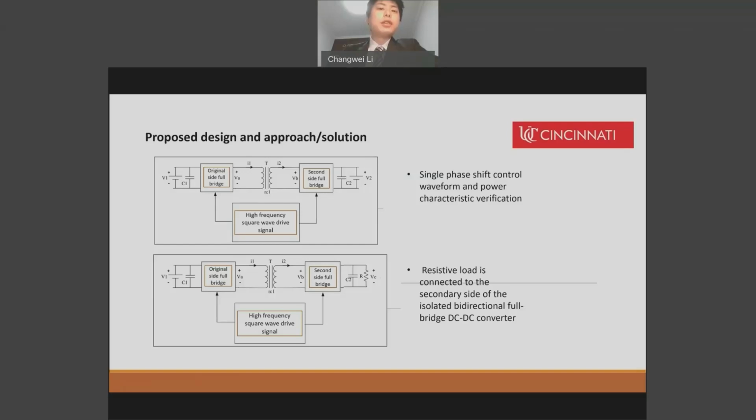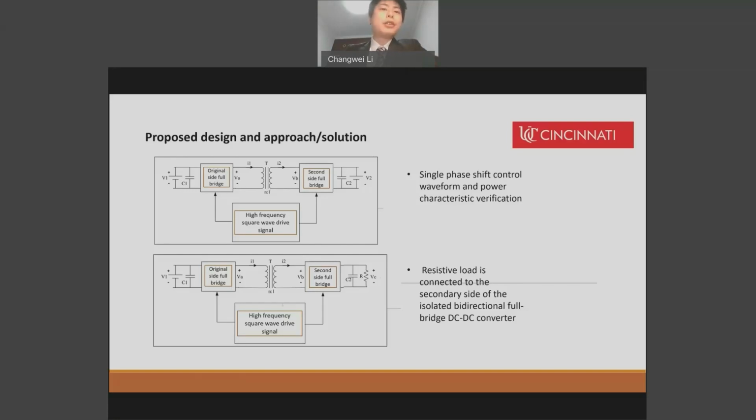The driving signal of the primary side leads the secondary side by phase alpha. The voltage of the primary side full-bridge inverter is VA, and the voltage of the secondary side full-bridge inverter is VB. So the equivalent inductance voltage of the transformer T, after ignoring the excitation, is VL, and the current flowing through the equivalent inductance is IL.